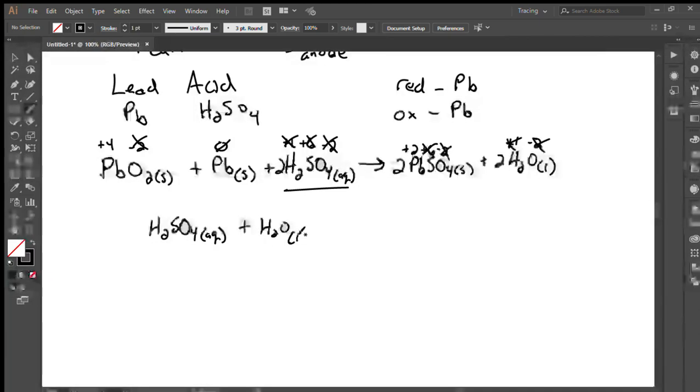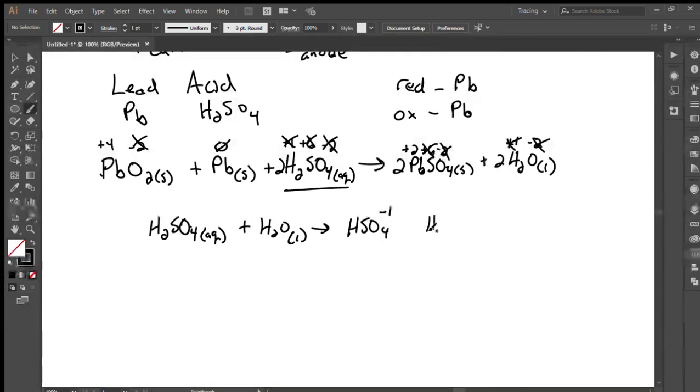H2O liquid, and we get acids are what? Acids are proton or hydrogen donors. So what's going to happen is our H2SO4 is going to lose one of its hydrogens, become HSO4. It's going to leave behind that electron, so it's going to gain a -1 charge, or just a negative charge.